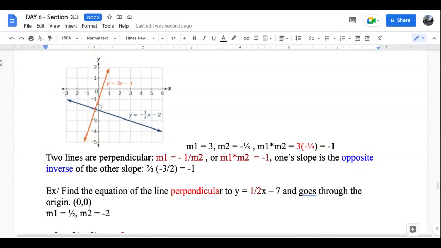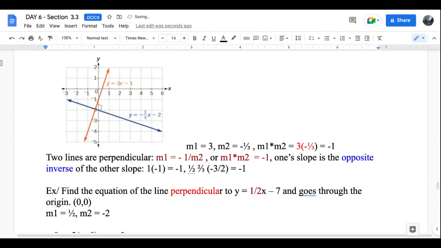So let's think about it: if m1 equals 1, then 1 times -1 is -1. So if two lines are perpendicular and one slope is 1, the other is -1. What about a half?